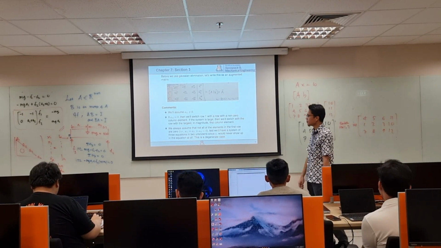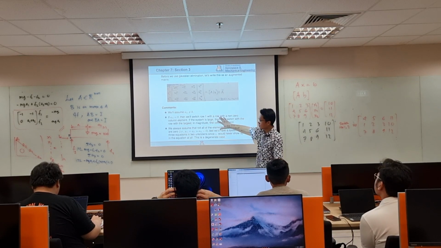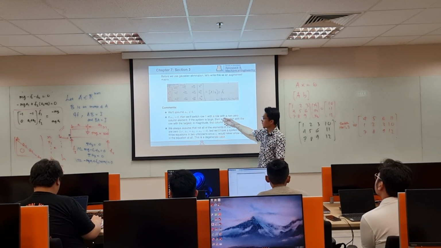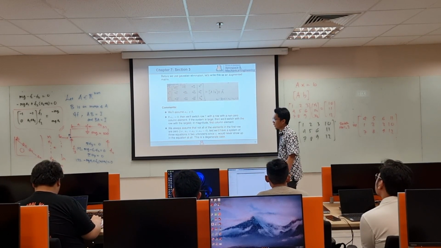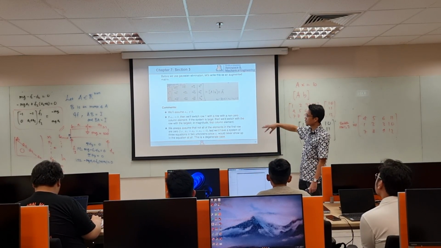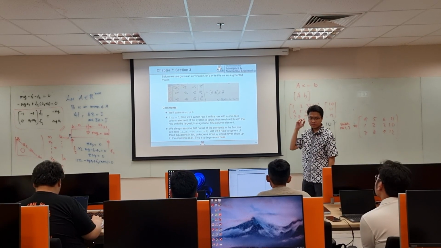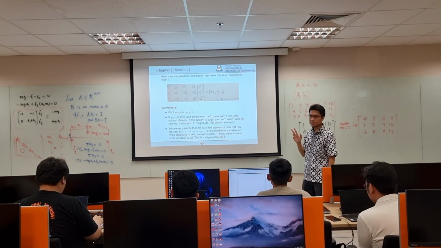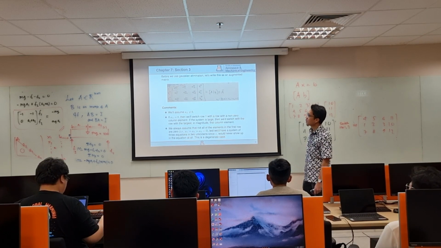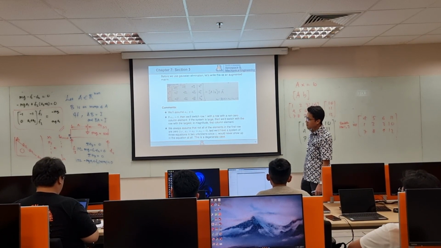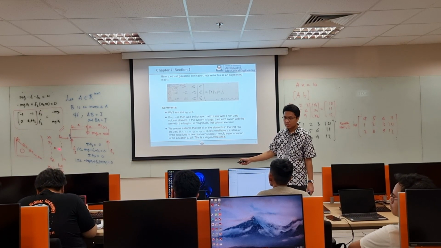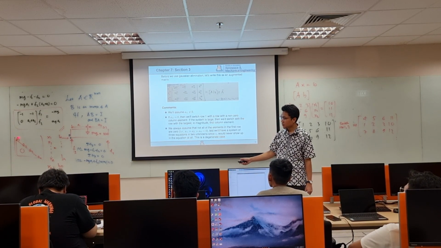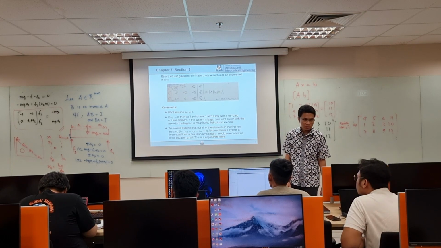These are some of the comments. If you find out that A11 is 0, you switch row 1 with a row that has a non-zero entry in the first column. Because we want to make the upper triangular matrix, we want the diagonal to be non-zero.